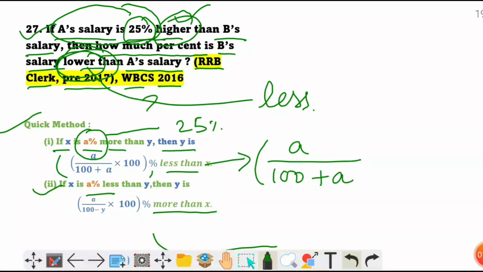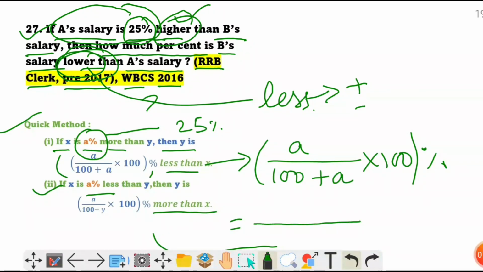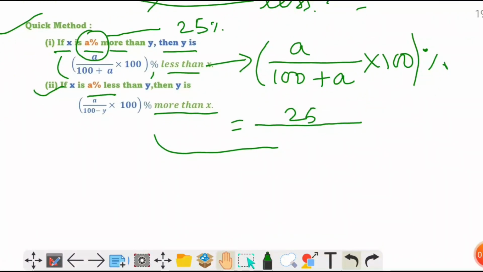So a divided by 100 plus a into 100%. For less than we are using plus, and for more than we are using minus. So here we are using 25 divided by 100 plus 25 into 100%.